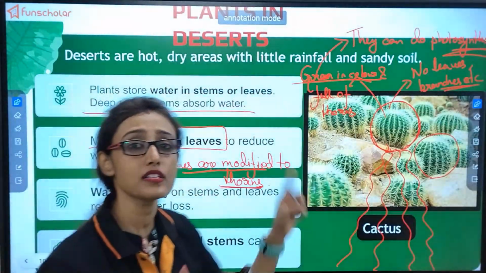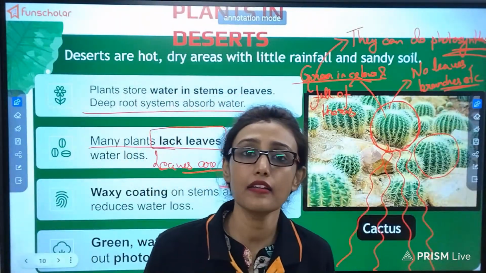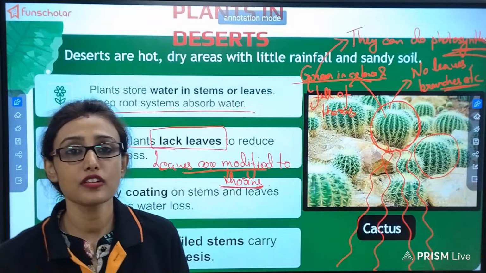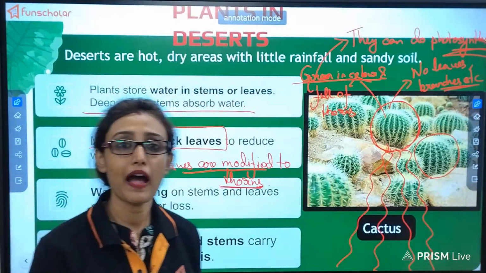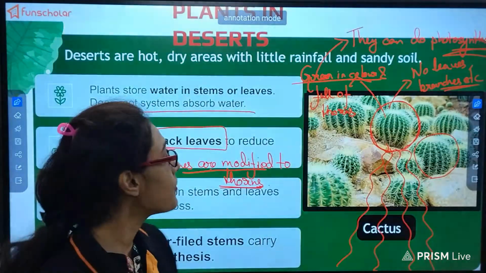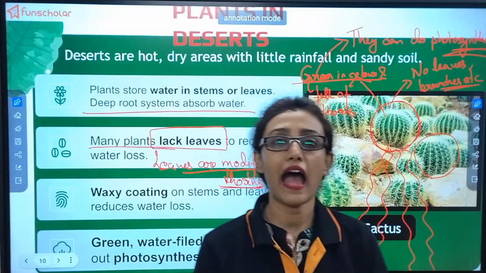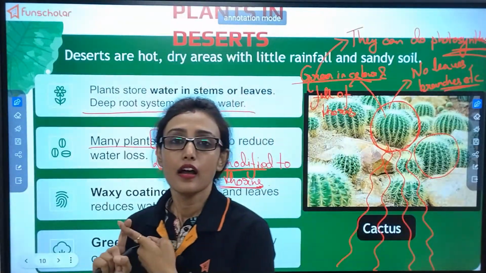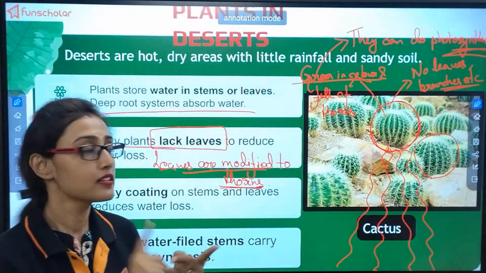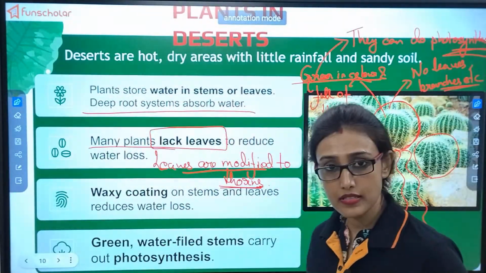Why, ma'am? Because the thorns are where actually once upon a time they were leaves, but due to the harsh weather condition, the plants adapted themselves and reduced the leaf in the form of thorns. Okay, these thorns prevent the animals from getting the plants attacked.